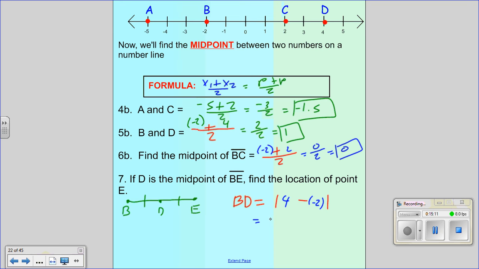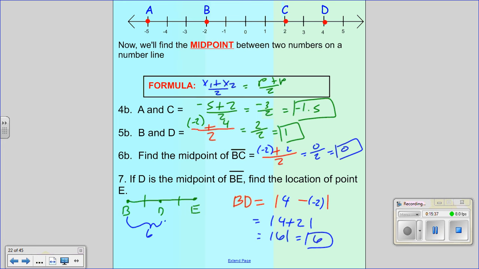So we have a double negative again, so that would end up being 4 plus 2. So that would give us absolute value of 6. And actually, we did this distance before, which is just 6. Beautiful.